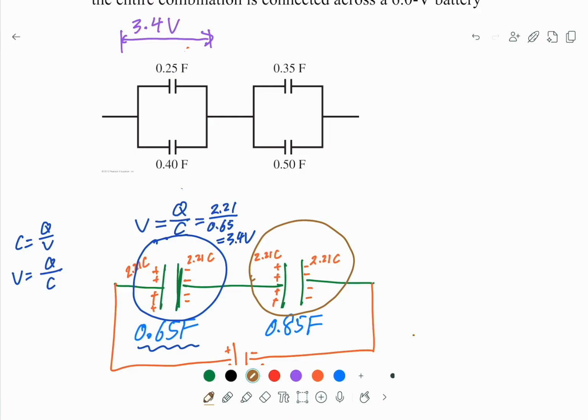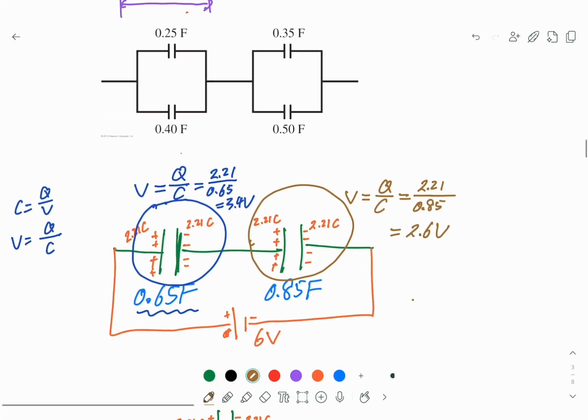Okay, now let's look at the other part. This part. Now the voltage across this one, V is Q over C, and the Q is the same, 2.21 coulombs, but the C is 0.85. So this is 2.6 volt.